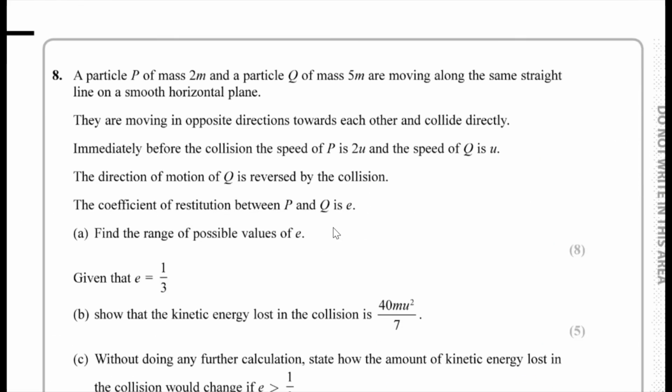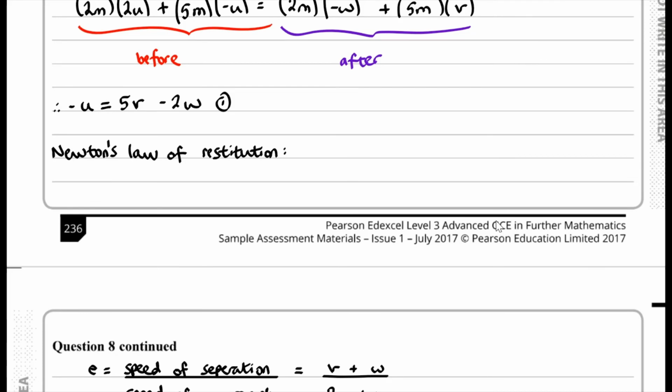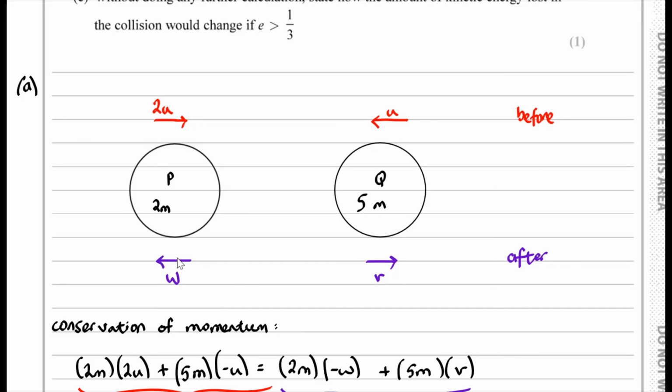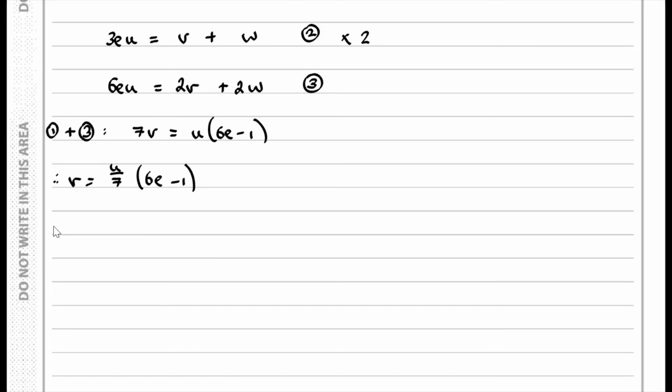And then we know that the direction of motion of Q is reversed by the collision. So in other words, V is greater than 0, because it's going to be opposite to what W is. So using the fact that V is greater than 0, we have u over 7 lots of 6e minus 1 is greater than 0.